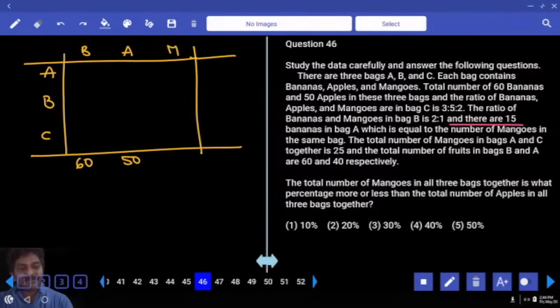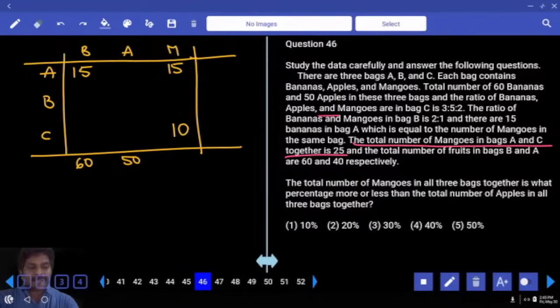And there are 15 bananas in bag A, which is equal to the number of mangoes in the same bag. The total number of mangoes in bag A and C together is 25. Then mangoes in bag C must be 10.